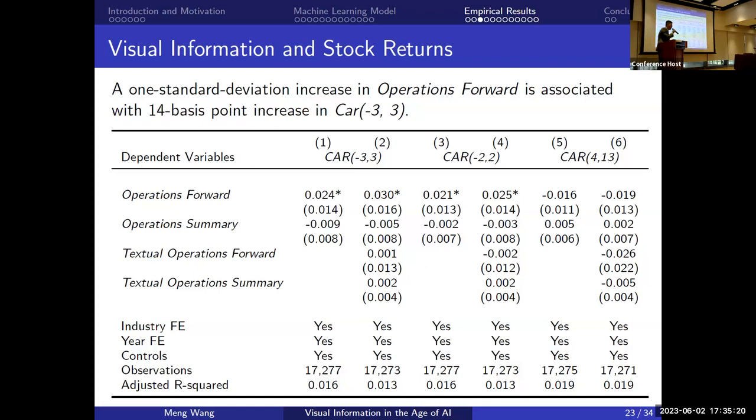More importantly, if we compare column 1 to column 2, and column 3 to column 4, we see that when we include the textual information as controls, the relation between visual information and cumulative abnormal return still holds.